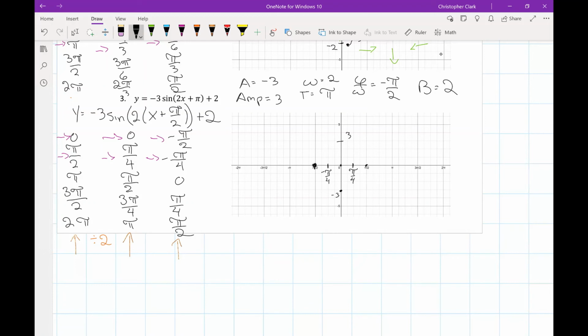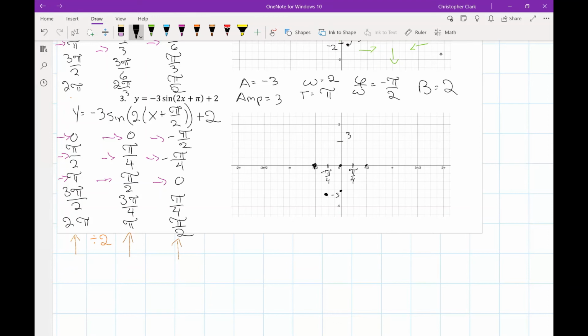Okay, so it looks like this. And normally at pi, we are back at 0, but that is pi over 2 and then 0. So we're at 0, 0. Pi over 4, which is the transformed version of 3 pi over 2, we will be at -1, right?